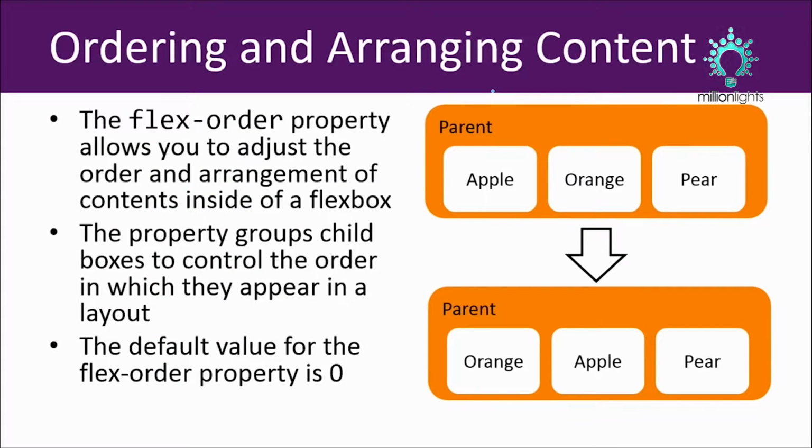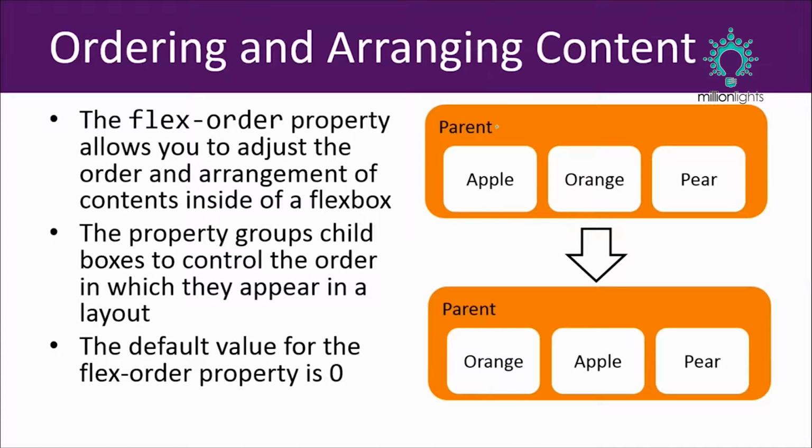Flexboxes are pretty awesome. You can also order and arrange the content inside of a Flexbox by using the flex order property. The default value for the flex order property is 0 for each of the elements, and if you increase that value, the higher the value is, the more the order will change.